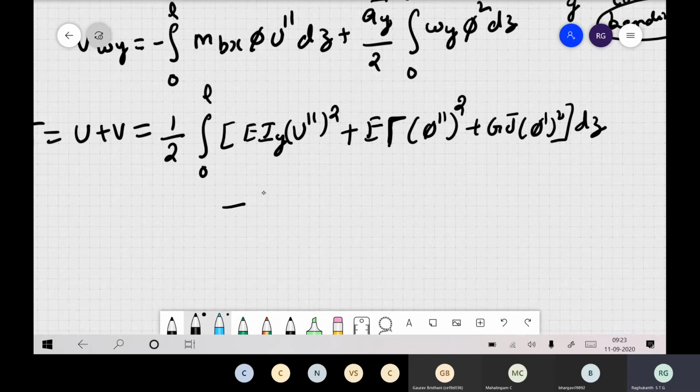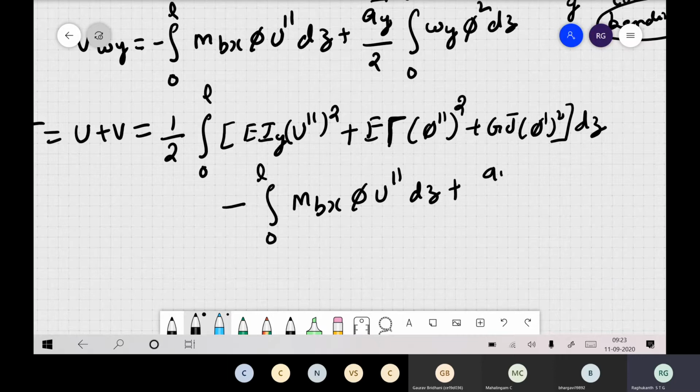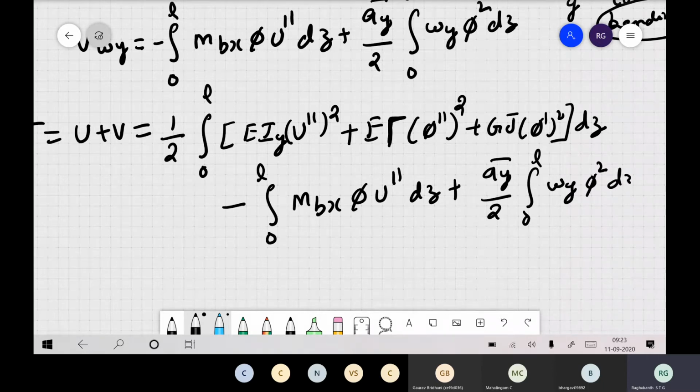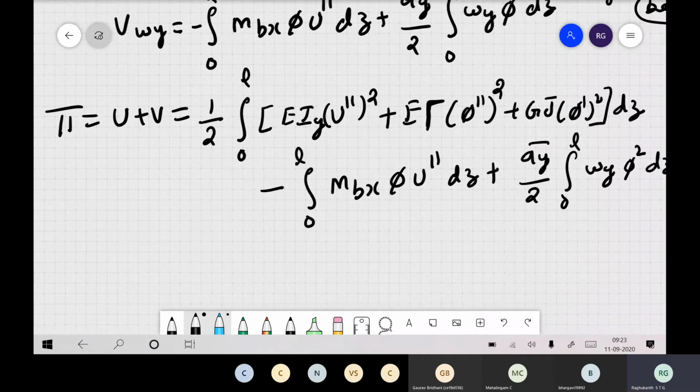Plus minus, 0 to L, Mbx phi u double dash dz plus Wy bar by 2, 0 to L, Wy into phi square dz. So this is our total energy for lateral torsional buckling only. We have ignored the v double dot here also, and if we include it, it gets cancelled automatically. You followed, nothing to worry. So this is our total expression.